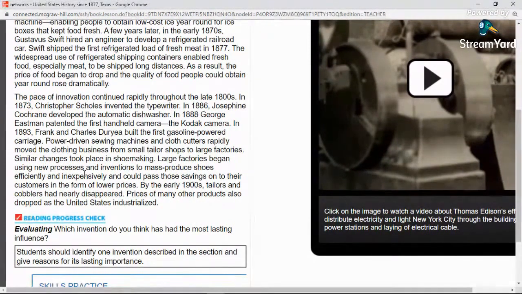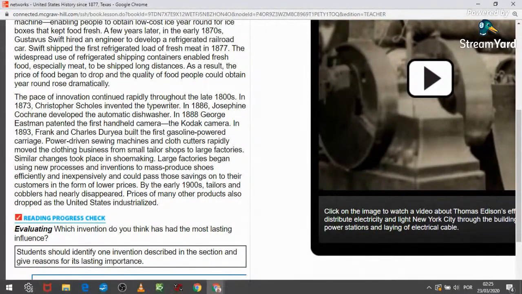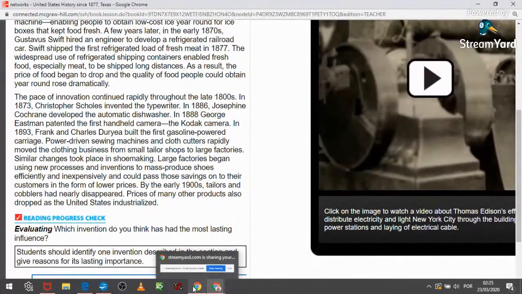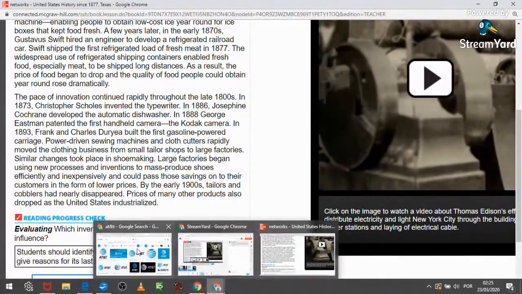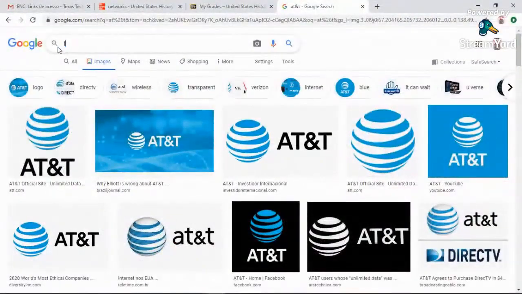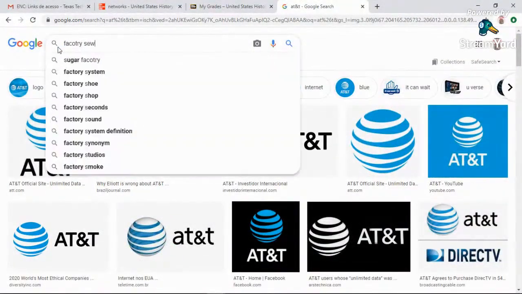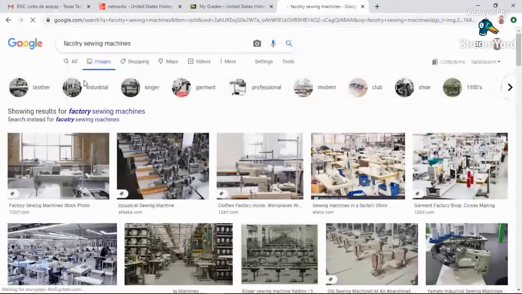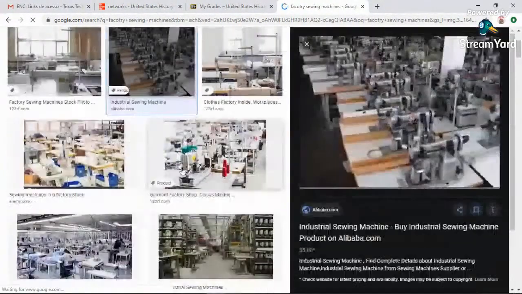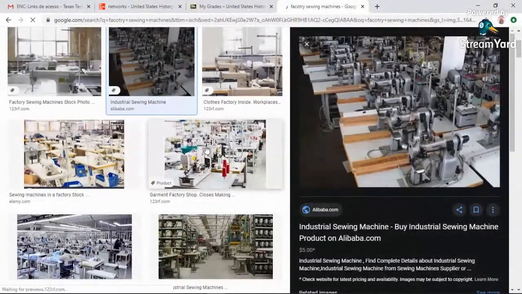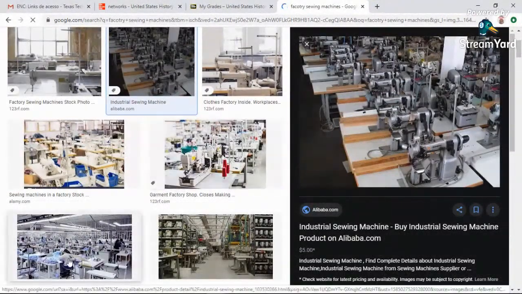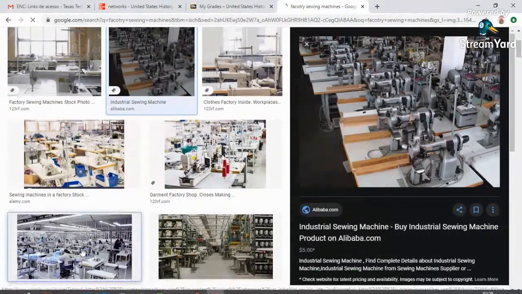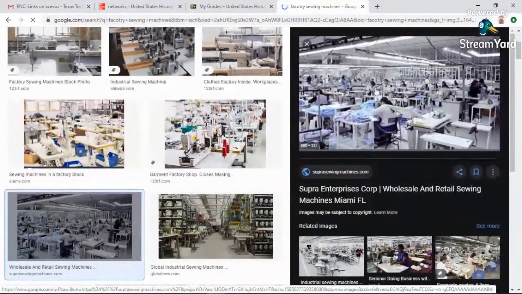Because imagine before you would have to make a shoe by hand. And now all of a sudden you had factory sewing machines. And look at that, right? So these factory sewing machines, you're able to make things much, much faster and make them in mass production.